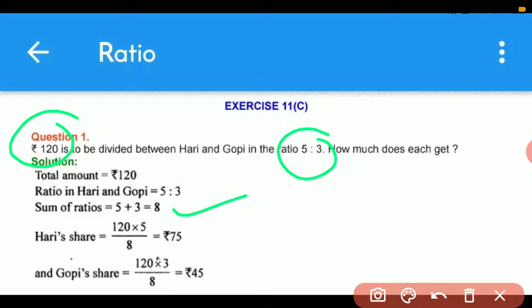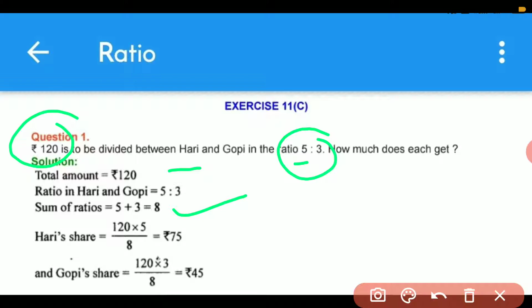Then you start dividing the share. Hari's share, since the name comes first, uses the first value, 5. So you write 5 upon 8, the total value, into 120. After cancellation you'll get 75. And Gopi's share is 3 upon 8 into 120, which gives rupees 45.